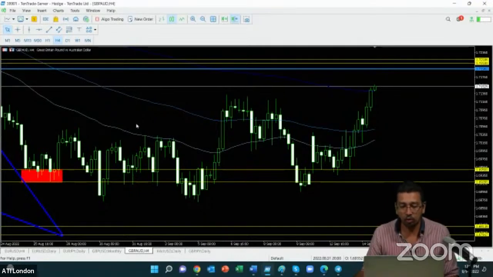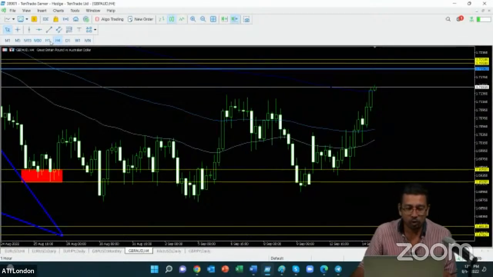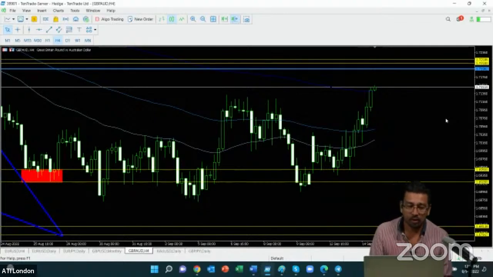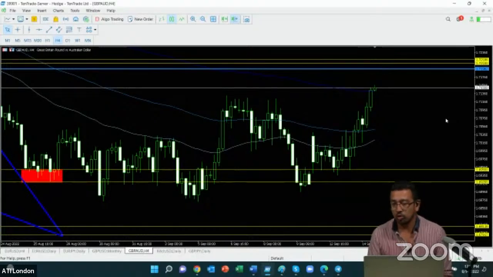Now GBP AUD, with its bullish stand, it looks like it's got potential to the upside, but it's very risky at this moment of time for us to buy. Now, if you're looking at buying the GBP AUD, the ideal price would be at 1.7160 instead. So you can do a pending order at 1.7162 or 63, something like that, right?